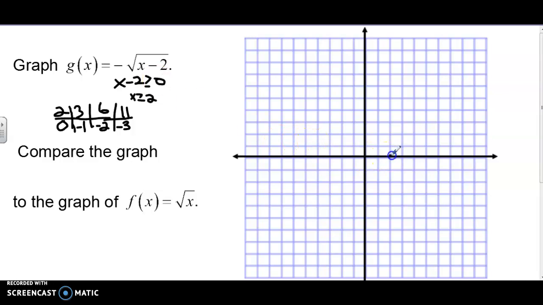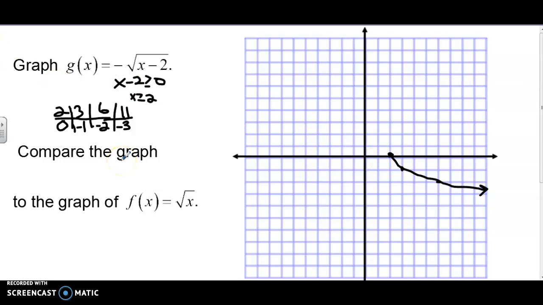So (2, 0), (3, -1), (6, -2), and (11, -3) I can't graph, so I won't go past the -3. And it looks something like that.